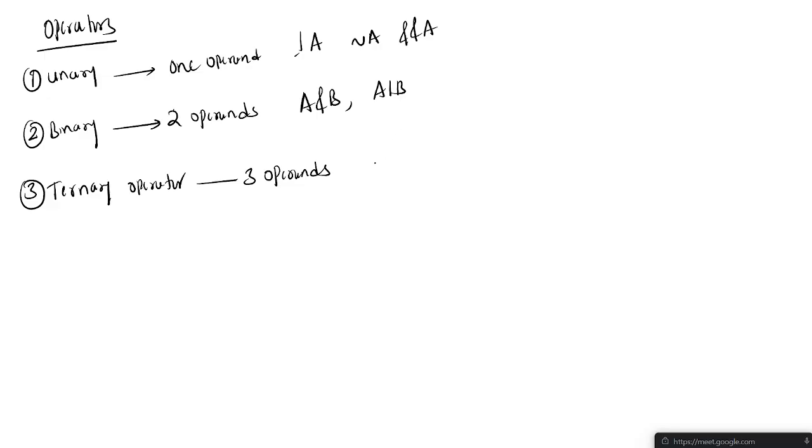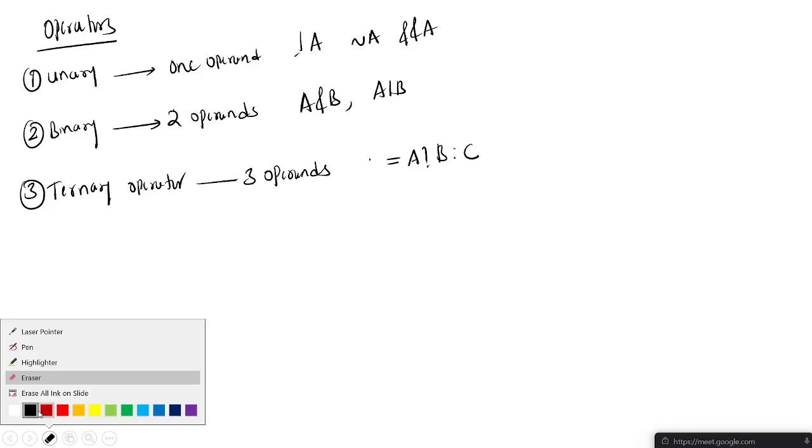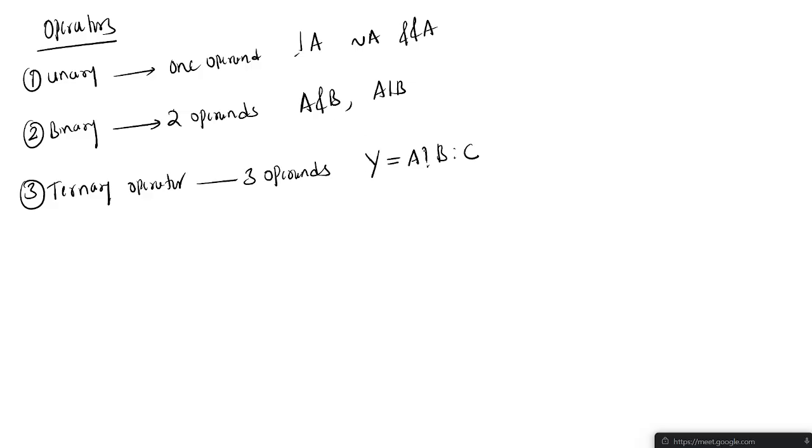Like y equal to A, then B, otherwise C. That means if the condition is true, B is assigned to Y, otherwise C is assigned. Like an if else statement only. So for a 2 to 1 mux you can also use the ternary operator. Suppose two inputs are there, let us take A and B, and Y and a selection line.